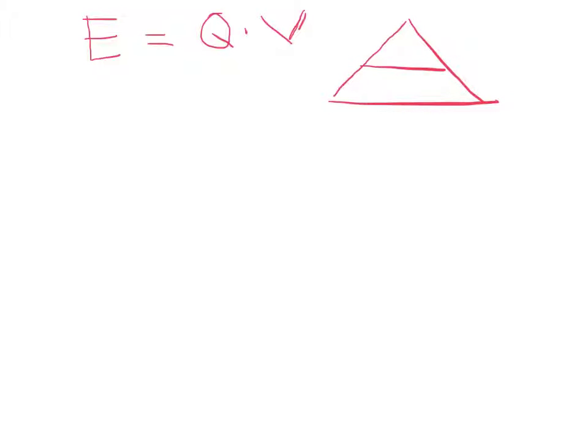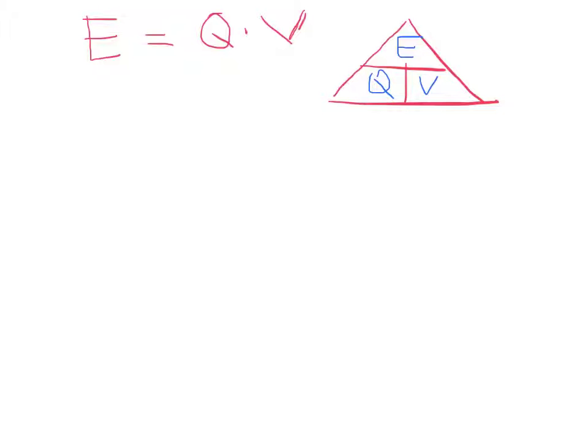To solve for V, remember that the equation is energy is equal to Q multiplied by V. So we can also fit this in a triangle. So E on the top, Q on the left, V on the right.